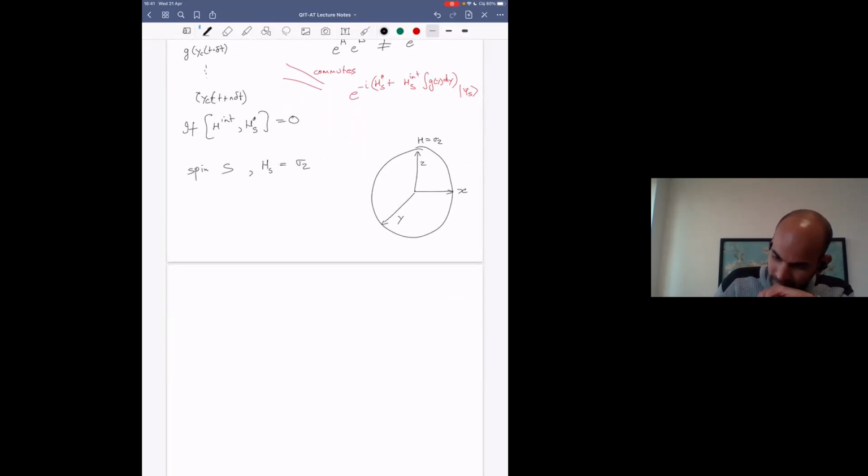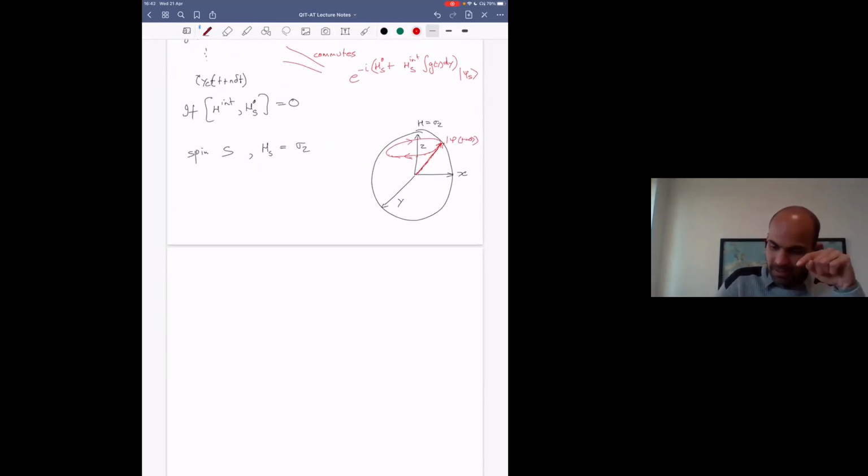What is the effect of having h s equal to sigma z? We know the effect of this on a general state of the spin is that it precesses around the z direction. So if I start with some state here, psi at t equals 0, the evolution in time is just going to be to rotate in the subspace.